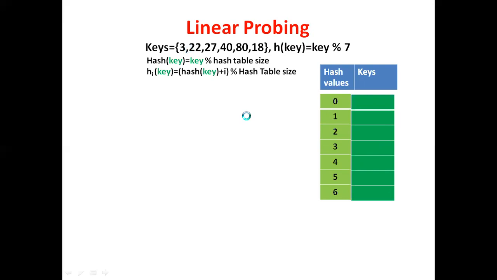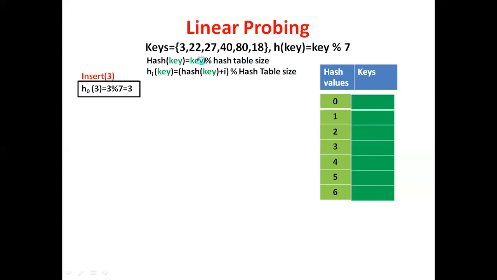Now I want to insert 3. So if you observe, h0 of 3 is equal to 3 mod 7, that is 3 only. So you can use either h(key) is equal to key mod hash table size, or h_i(key) is equal to (h(key) plus i) modulus hash table size.